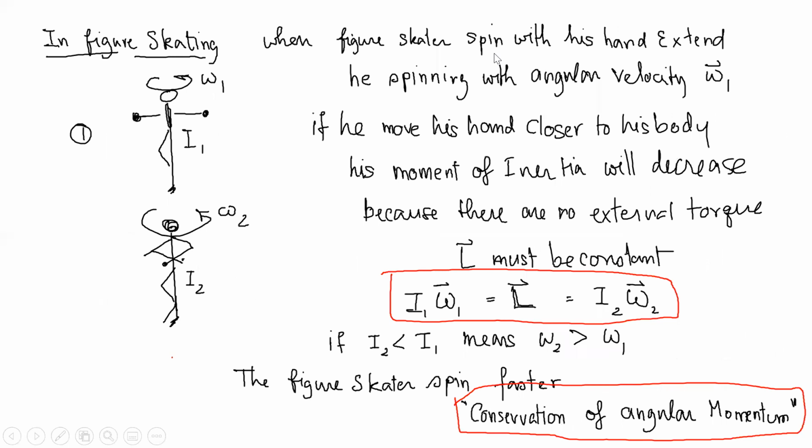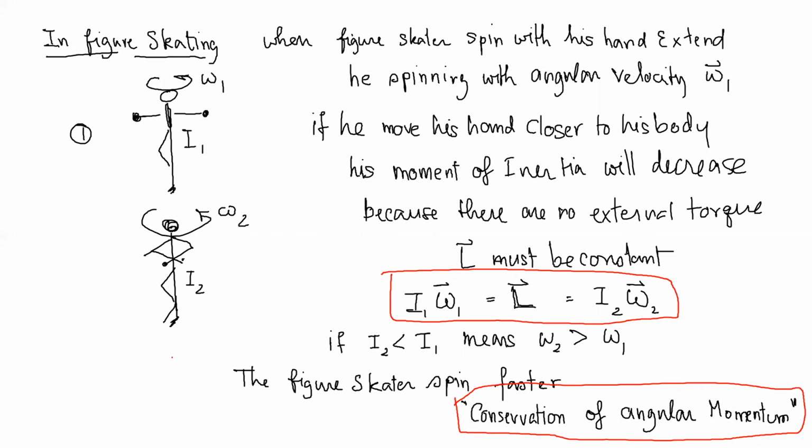We just finished the Winter Olympics. One application of angular momentum is figure skaters spinning on their feet. When they spin, they usually start with extended hands. At that point the spin is usually slow because of high moment of inertia.